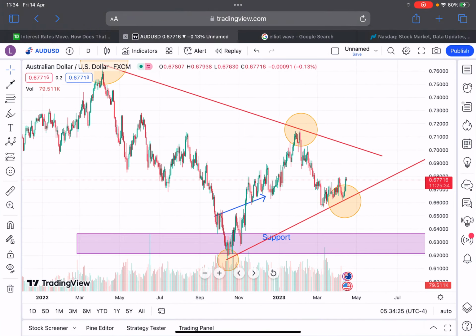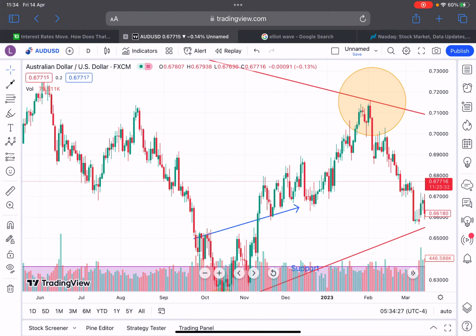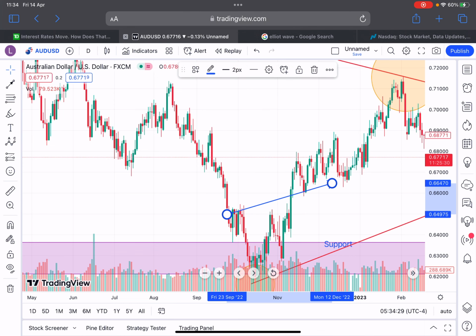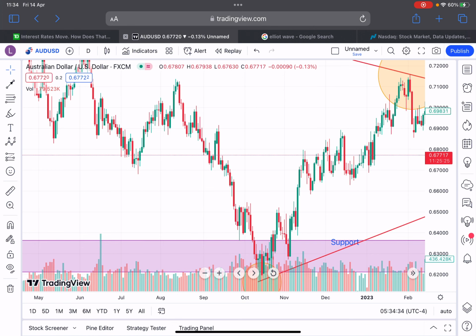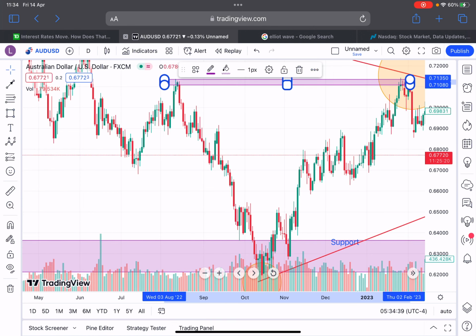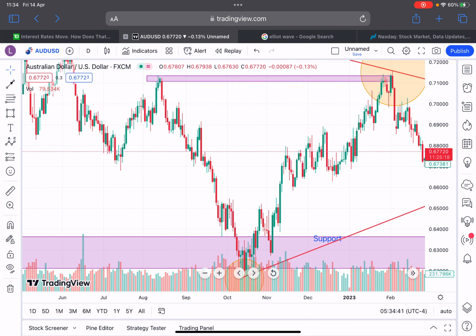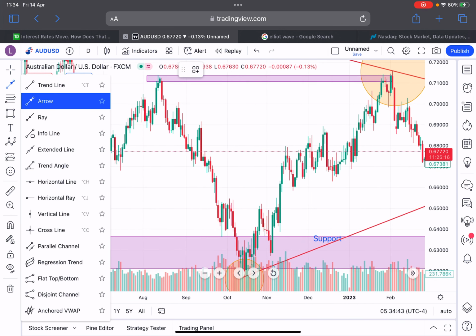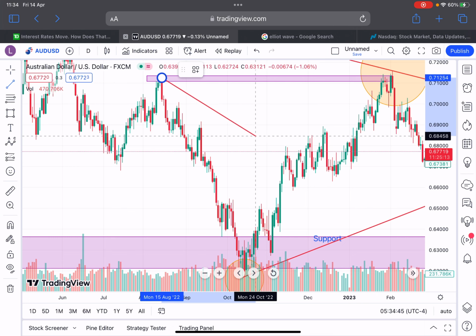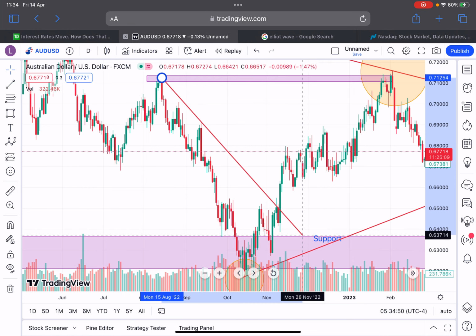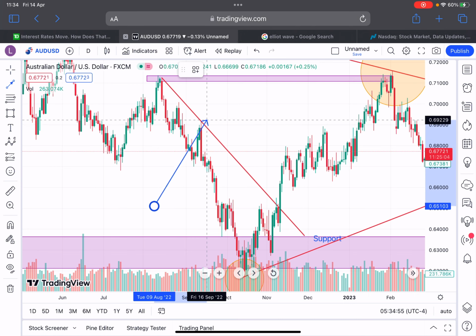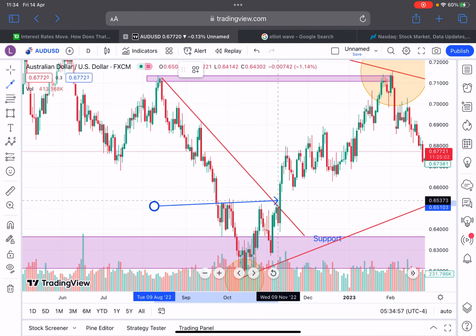But if you can zoom in, we will have something where we did get our higher price right here, and if we take this as our touch 1 and extend this, our touch 2 was going to be right here, and here we have no confirmation.